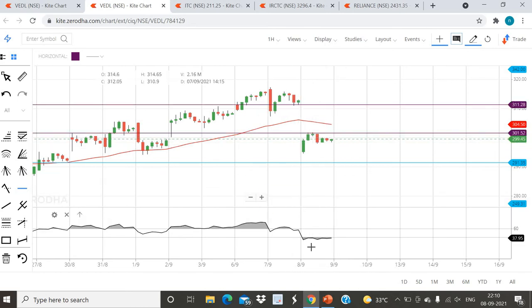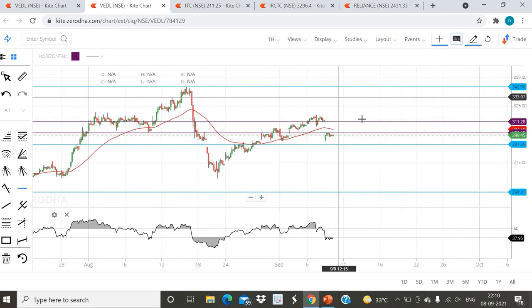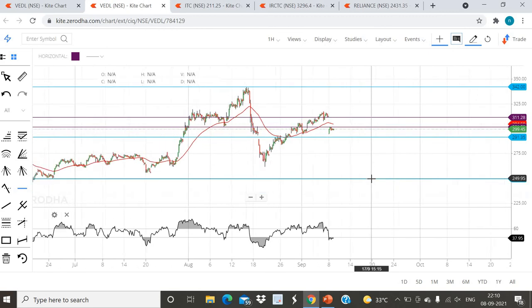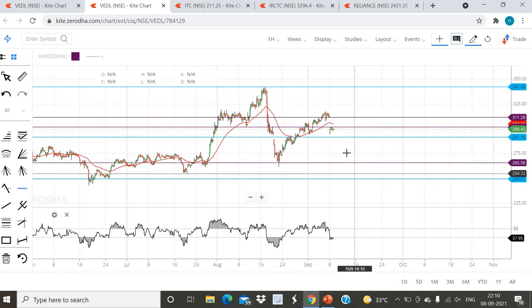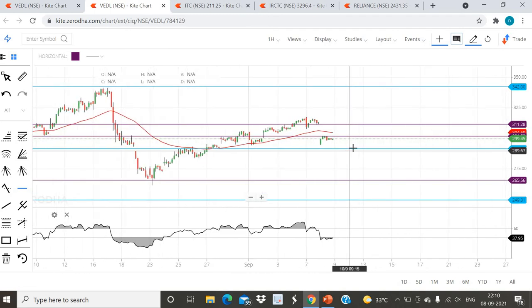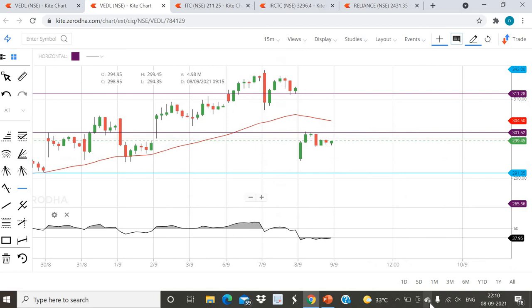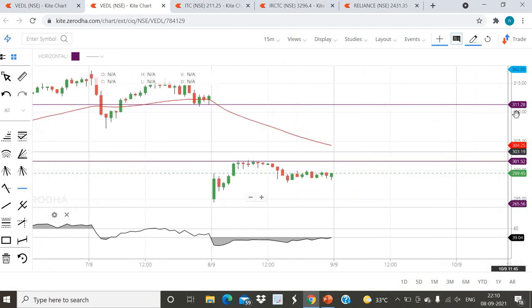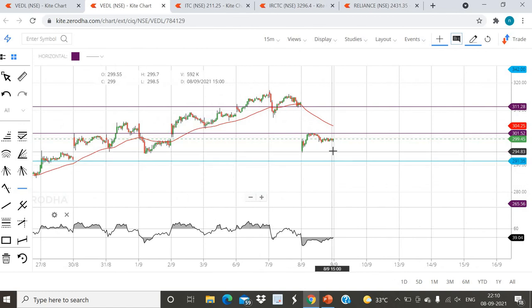You can clearly see we have marked the gap, and if I could find some levels here, I can find a level. So now let me change it to 15 minutes time frame. Since it's a gap down, I could not find any useful levels over here.